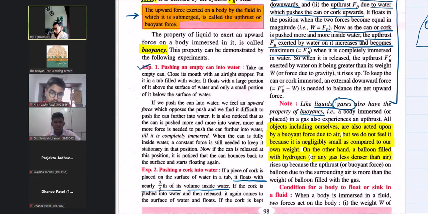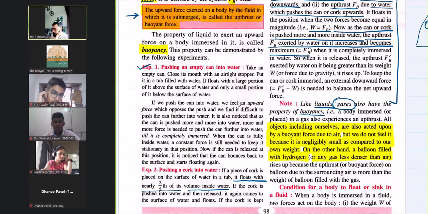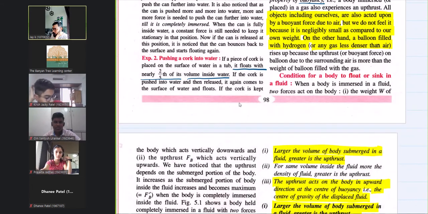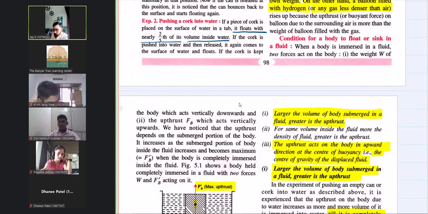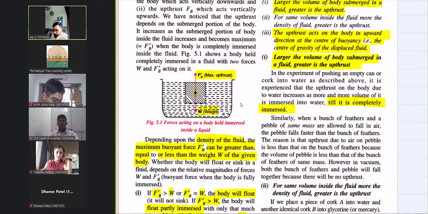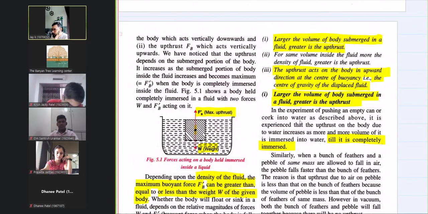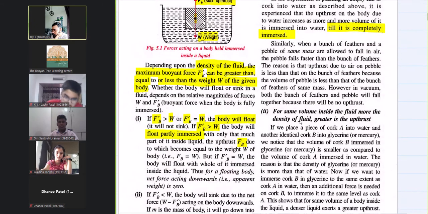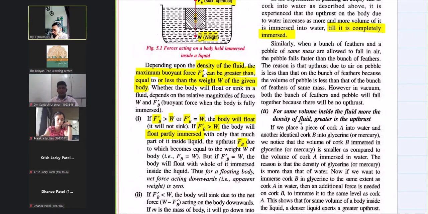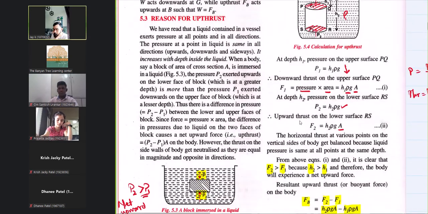Let me find the correct answer for the cause of upthrust, because we have not discussed that yet.